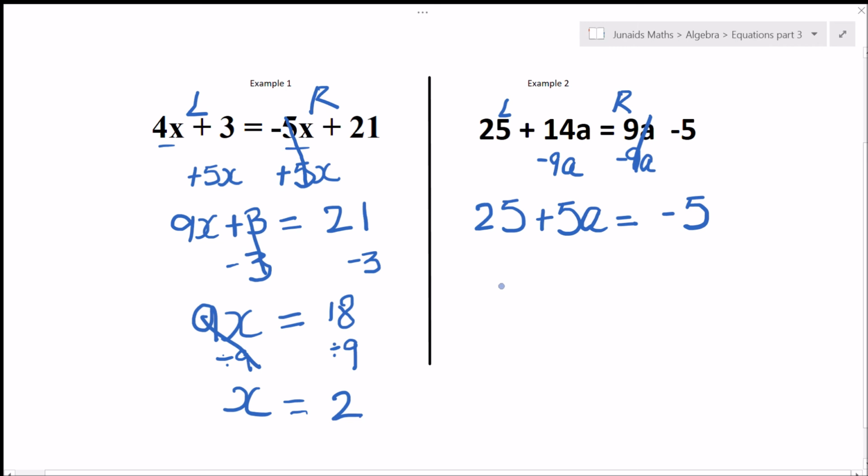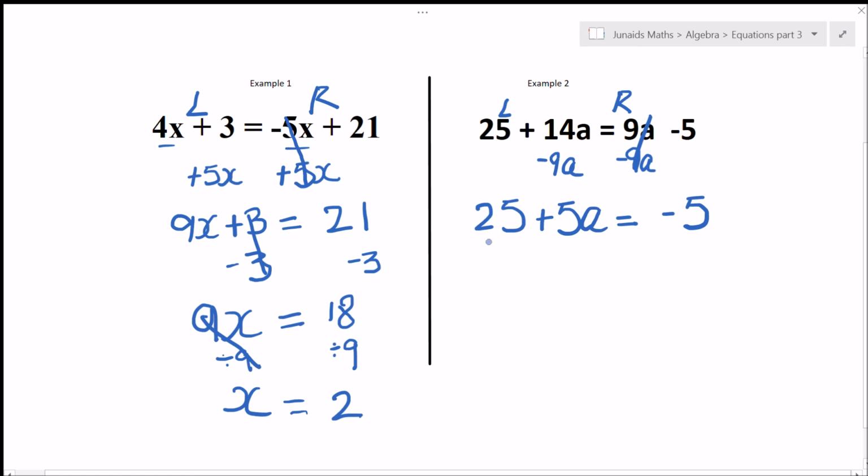Now let's move ahead and do the second step. In the second step, we are now going to get rid of the number from the left hand side, the simple number which doesn't have any alphabet. And how do we do that?